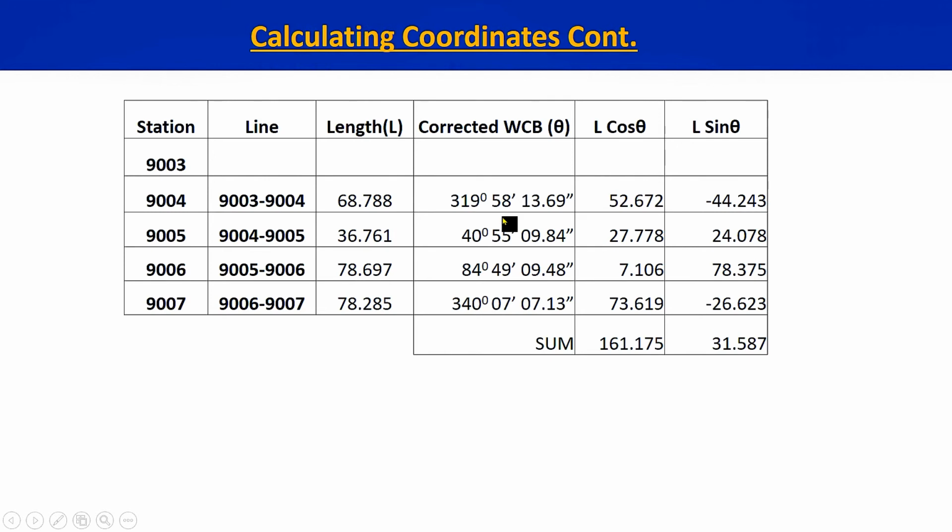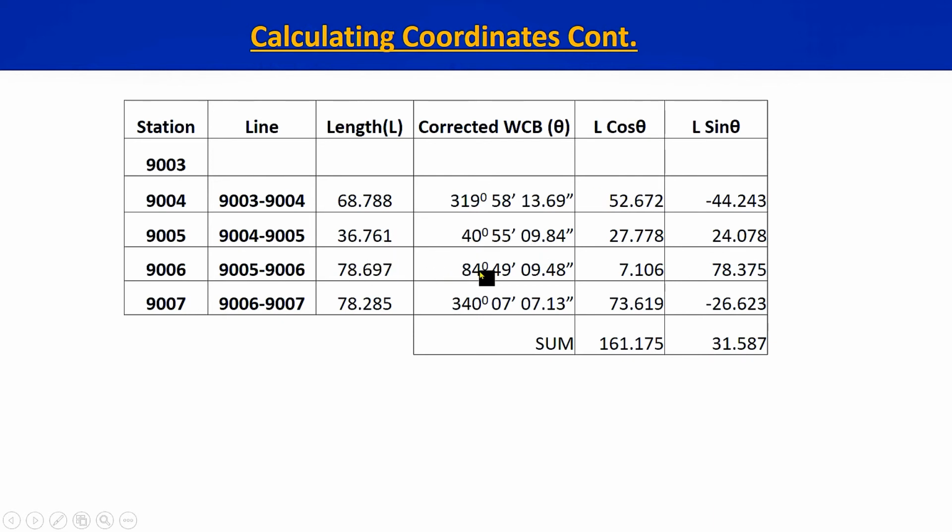Accordingly, the partial coordinate for 9004 measured from 9003 is 52.672, and L sin theta, that is the eastern coordinate, is minus 44.243 meters. So that is how we find out the partial coordinate.